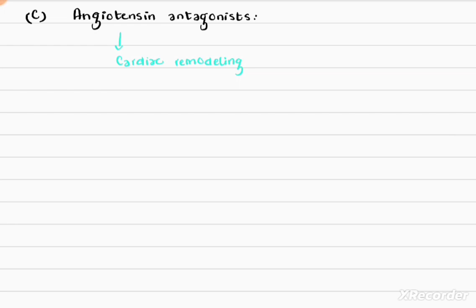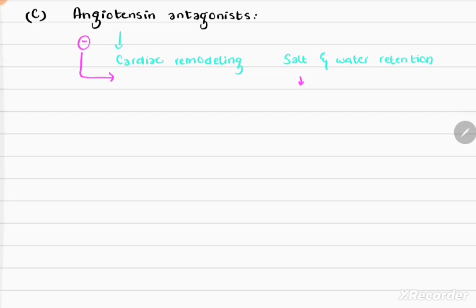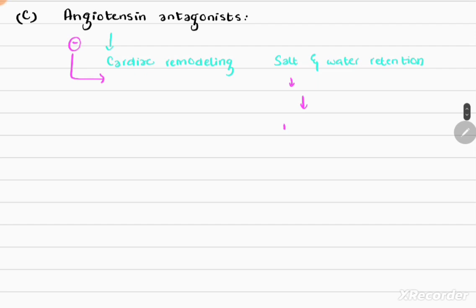Angiotensin is also responsible for salt and water retention in the body. So these drugs inhibit the effect of angiotensin, and this is how they prevent cardiac remodeling and decrease salt and water retention, and by this mechanism they cause a decrease in the preload and reduce the work of the heart.